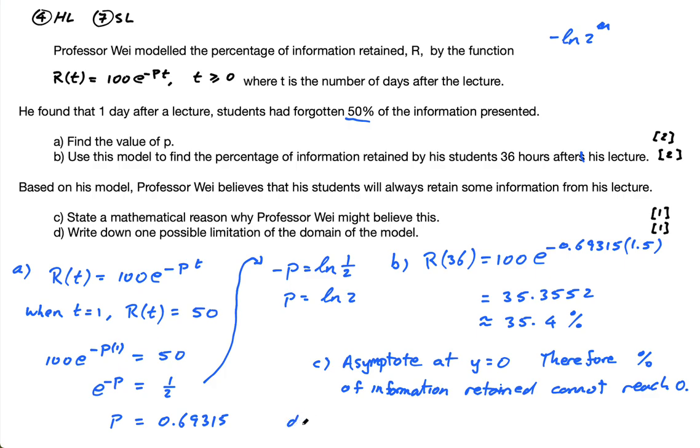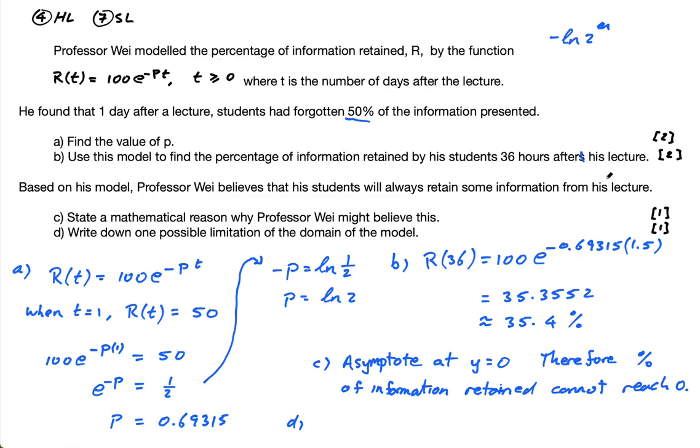Okay, finally, part D. Write down one possible limitation of the model. Now, there are lots of limitations of the model, but they're very much specifically looking for a mathematical limitation. It can never reach 0, but this model assumes t can go on forever and ever.